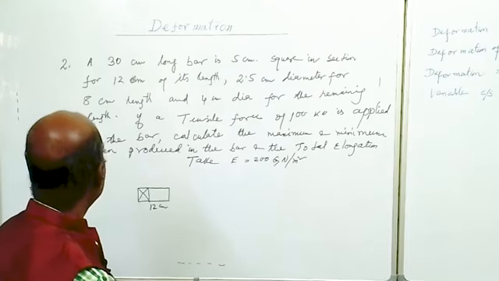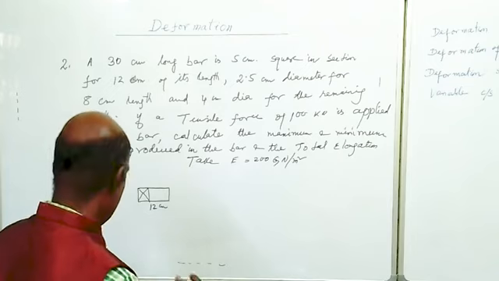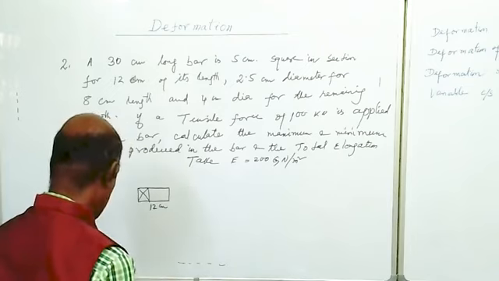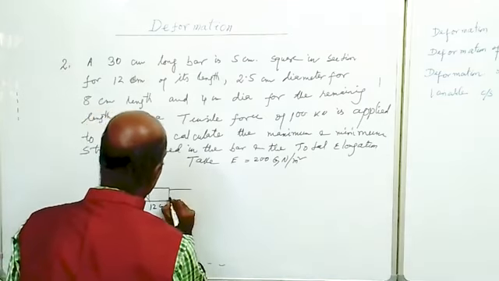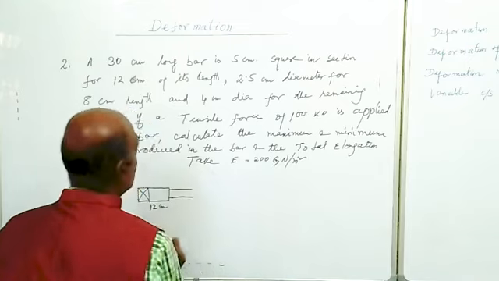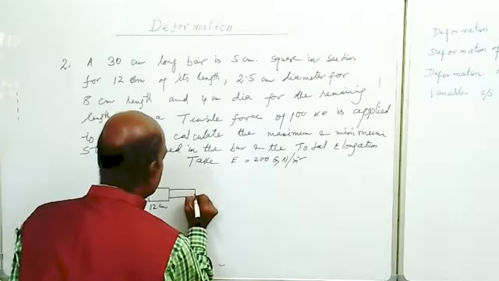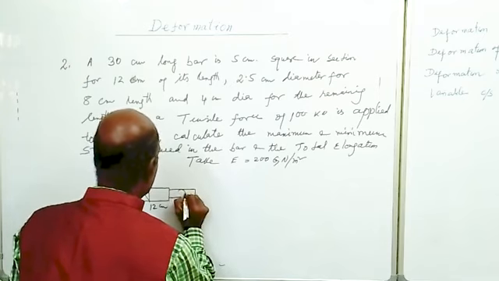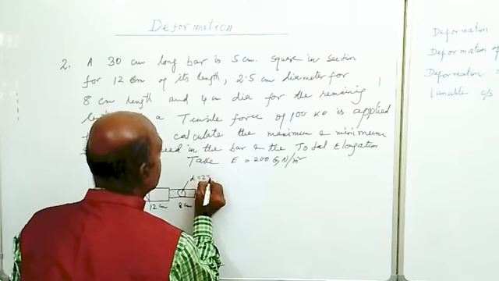Then 2.5 centimeter diameter for 8 centimeter length, so D is equal to 2.5 centimeter.